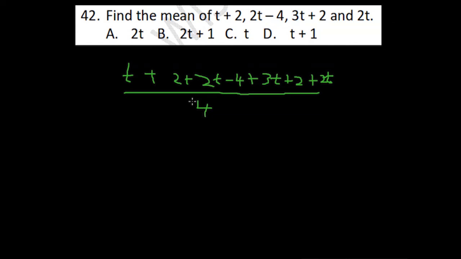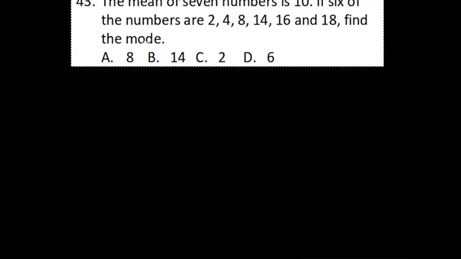So over 1, 2, 3, 4, that's 4. So 2t plus, that's 3t, plus 3t, plus that's 8t. 2 minus 4 minus 2 plus 2 is 0. So over 4, this gives us 2t. Option A.